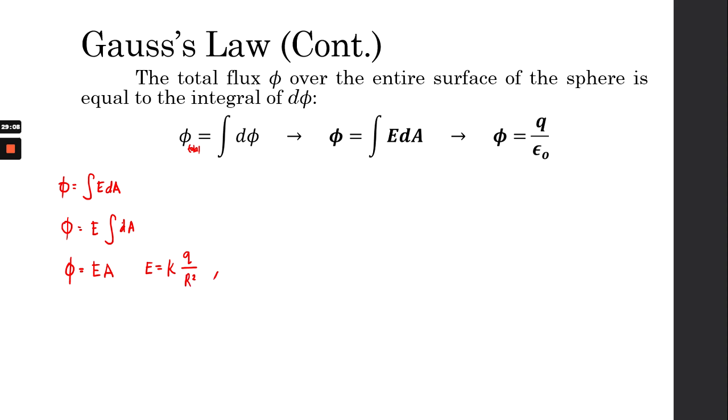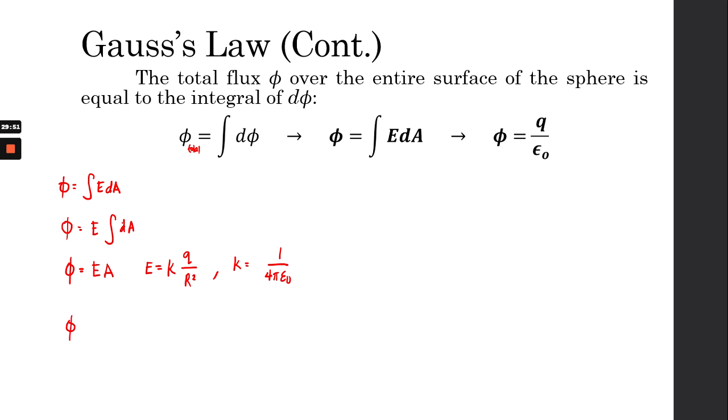And another thing I want you to note here is K, which we've discussed as the Coulomb's constant, is actually equal to 1 over 4 pi epsilon naught. We are not going to discuss how we derive this, but just know that the Coulomb's constant is equal to 1 over 4 pi epsilon naught. So what we are going to do is substitute these values to our equation right here.